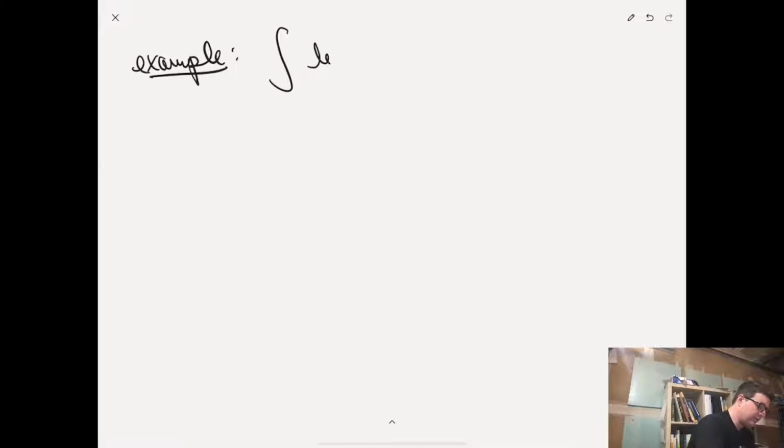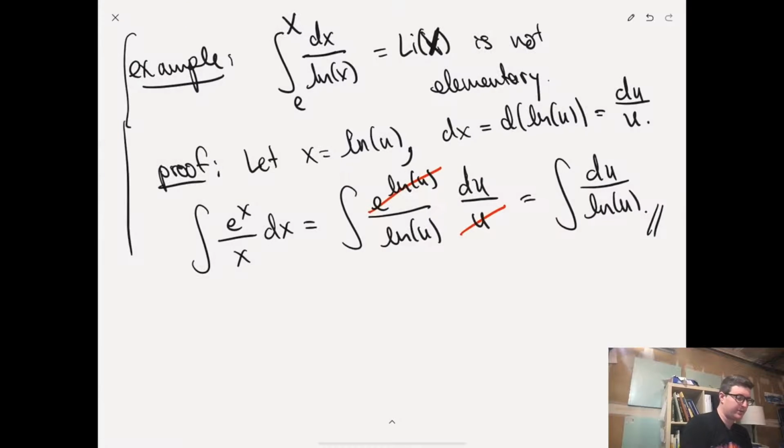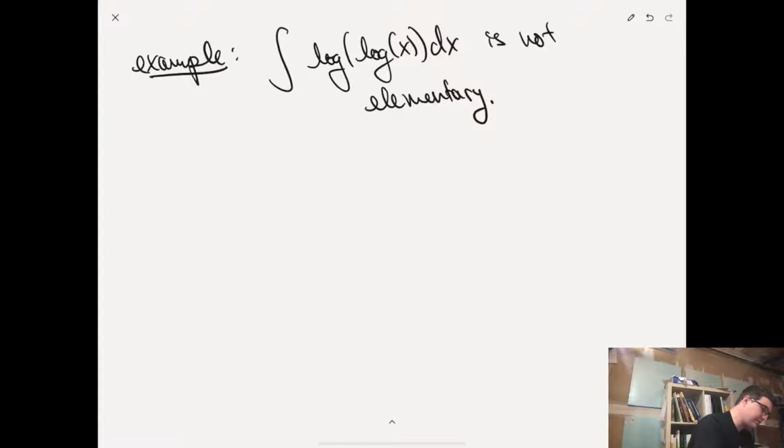So the integral of log of x dx is not elementary. We're again going to reduce. This one was kind of a u substitution; this one is an integration by parts. So u is log of log x, and dv is 1.